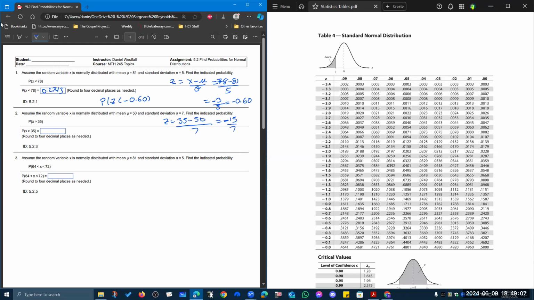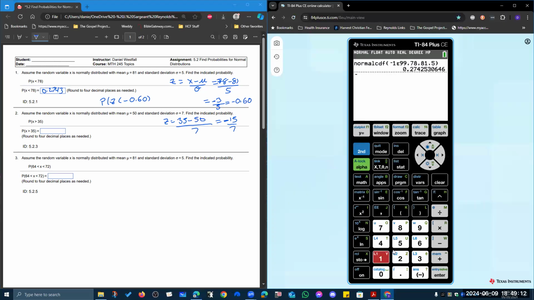Let's pull up the calculator here so I can round this to 2 decimal places. -15 divided by 7, and I'm going to have to say that this is about -2.14. And so I want the probability of z greater than -2.14, which is going to be 1 minus the probability that z is less than or equal to -2.14.